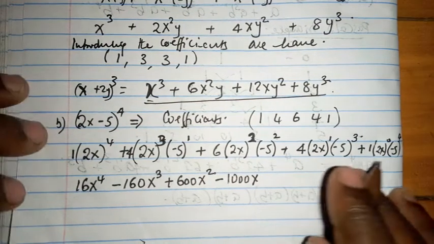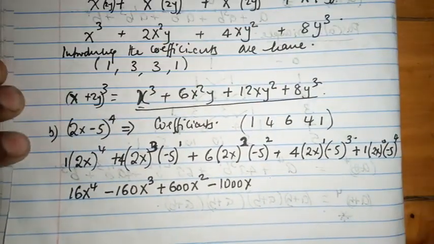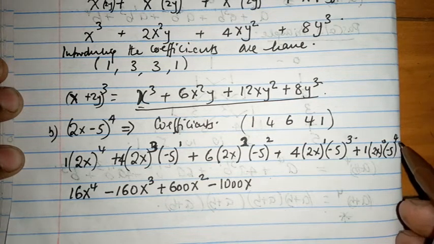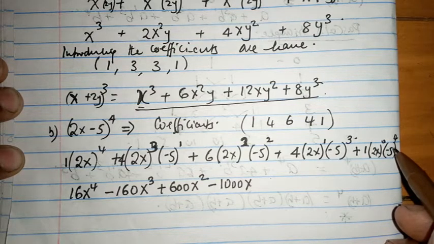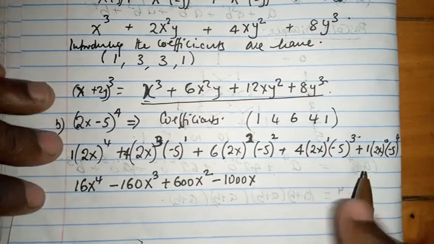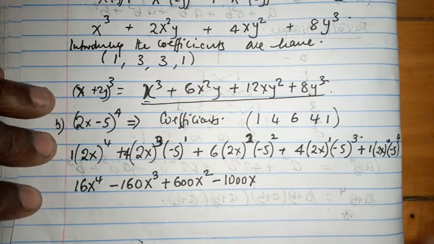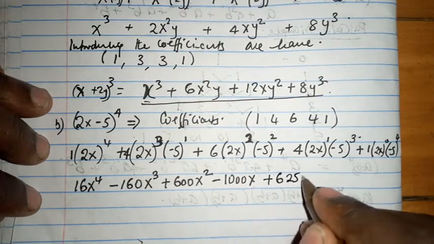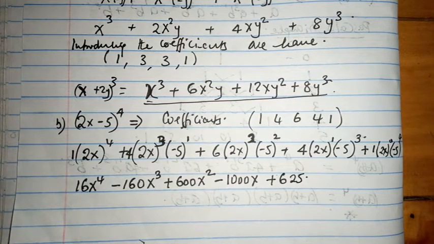And finally, we have minus 5 raised to power 4, which is 625. And of course, 2x raised to power 0 is 1. So we end up having positive 625. And that is the end of the story for that particular one.